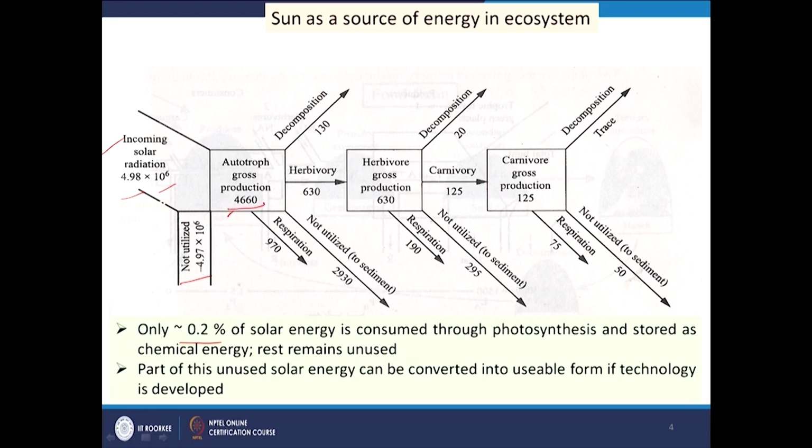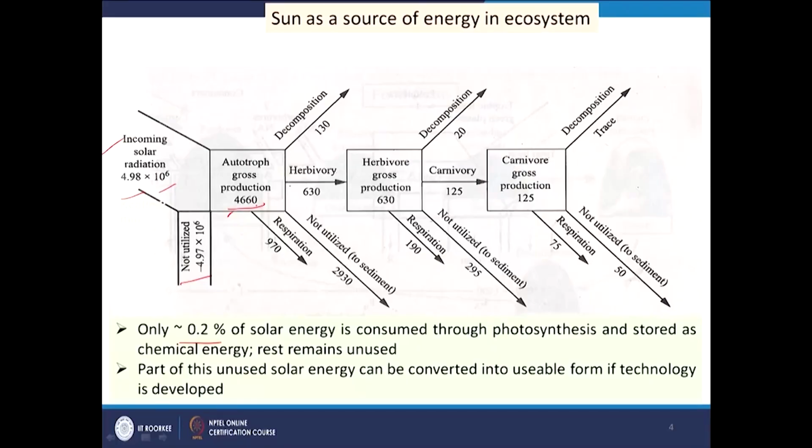Out of this 4660 units taken up by the producers, the plants and grasses, etc., they send around 630 units to herbivores, and the rest is lost through respiration, decomposition, and not utilized, that is the sediment.